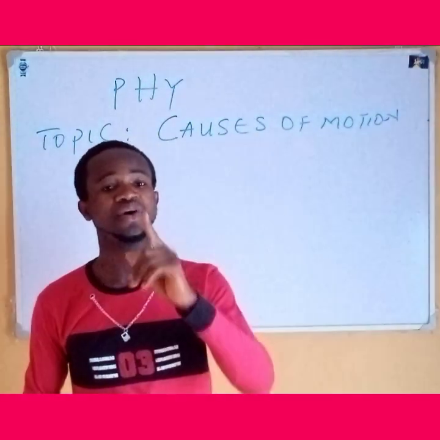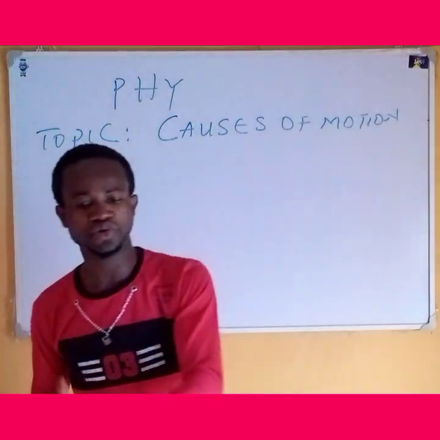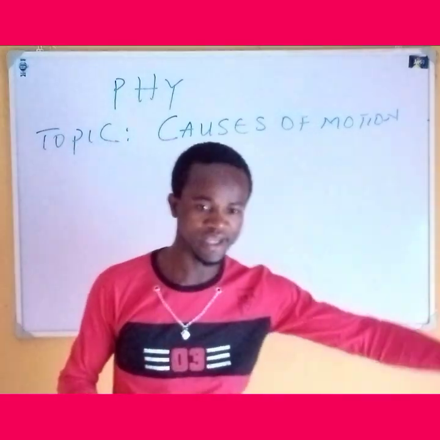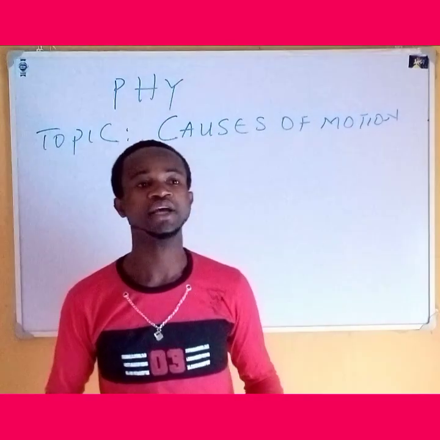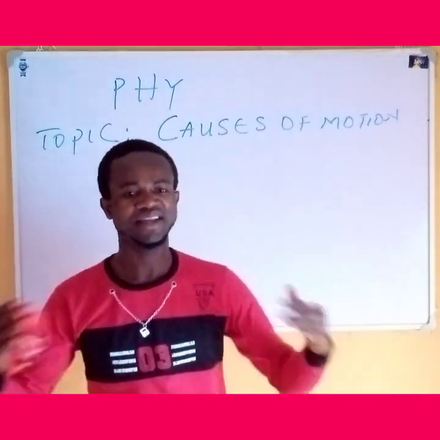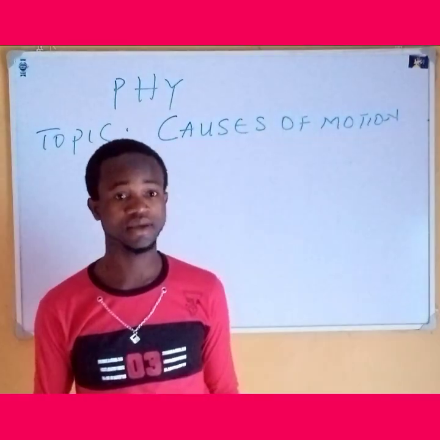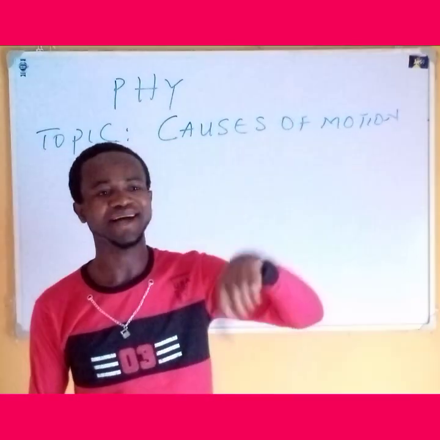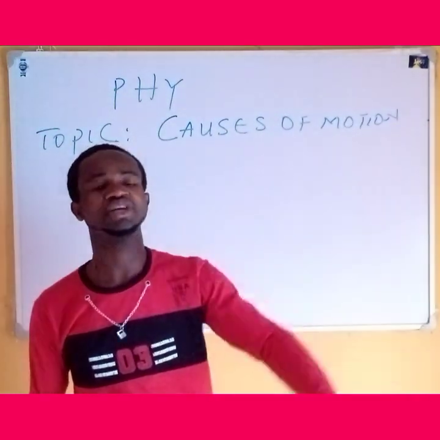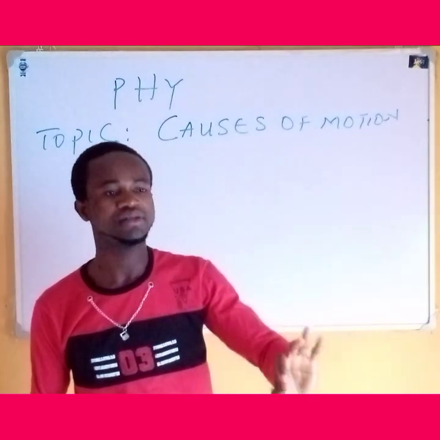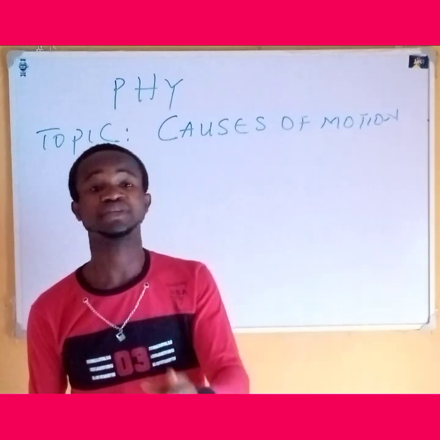Before you begin to change from your initial position to the next place, you might have been acted upon by an unbalanced force. So if an object is not acted upon by an unbalanced force, the object will remain the way it is. Which means that before an object begins to make a movement, a motion, there must be what causes it. And that thing that causes motion is what we call force.